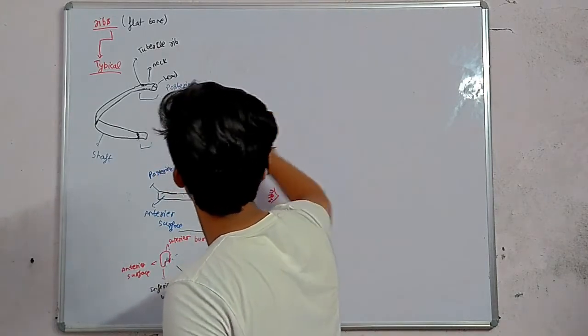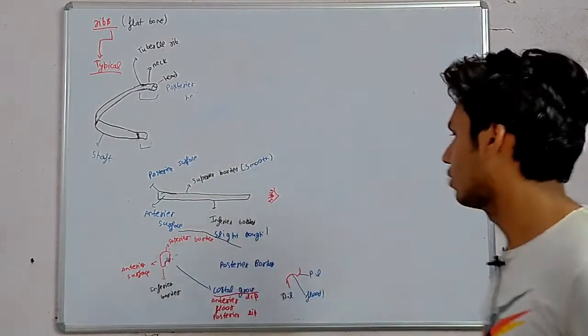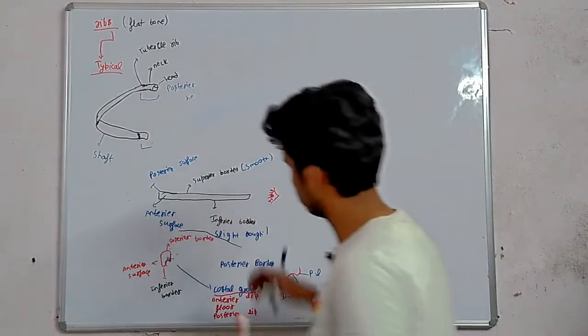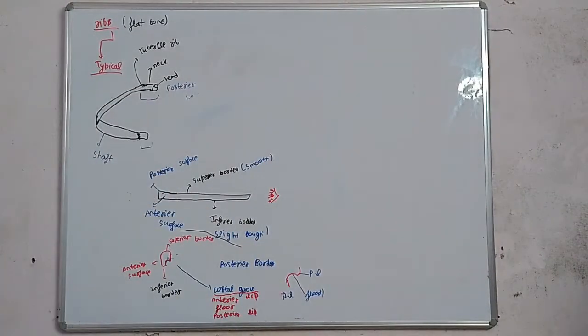So these are the main typical features of a rib. Done.